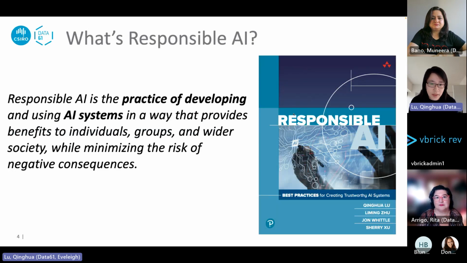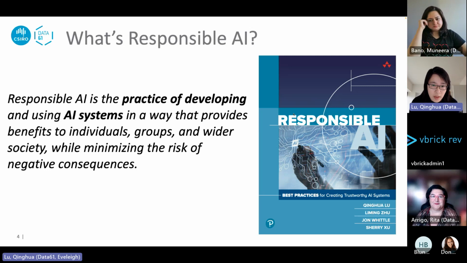Here I put a definition from our book. You can see the main aim of responsible AI is to provide benefits to society while minimizing the risk of negative consequences. In our definition, we emphasize system-level practice rather than algorithm-level solutions.